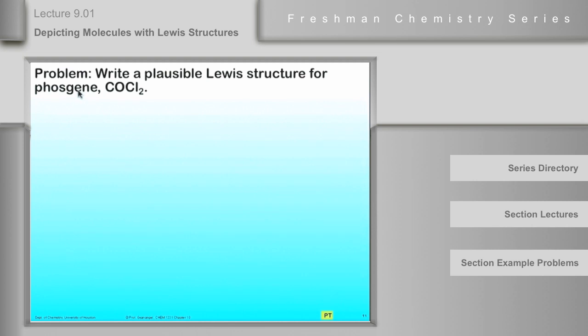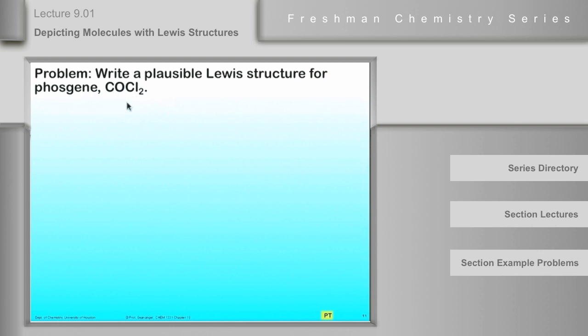My older son always wanted to know what the formula for phosgene was, whether it had phosphorus in it or not. Of course it doesn't. It's not a phosphorus compound. Its formula is COCl2, and this problem asks us to write a plausible Lewis structure for it.